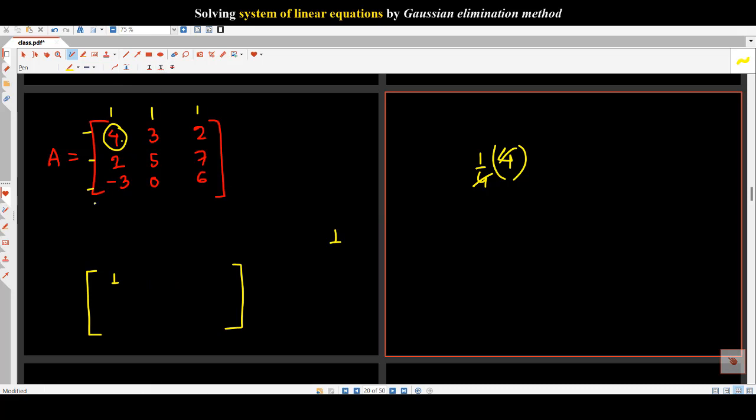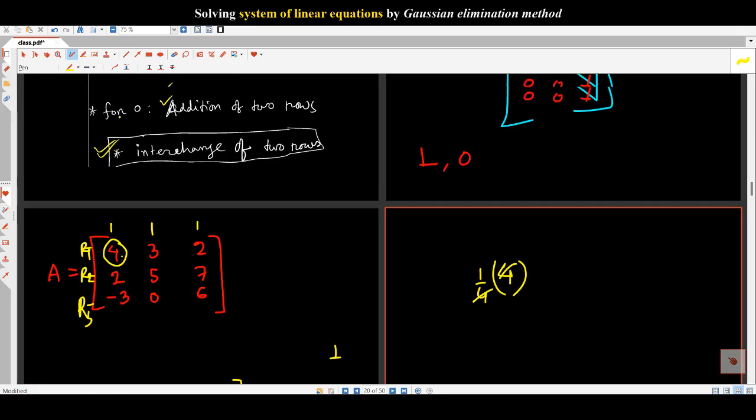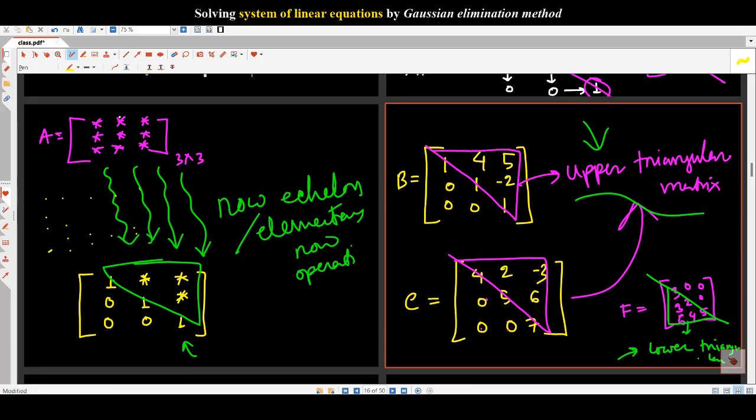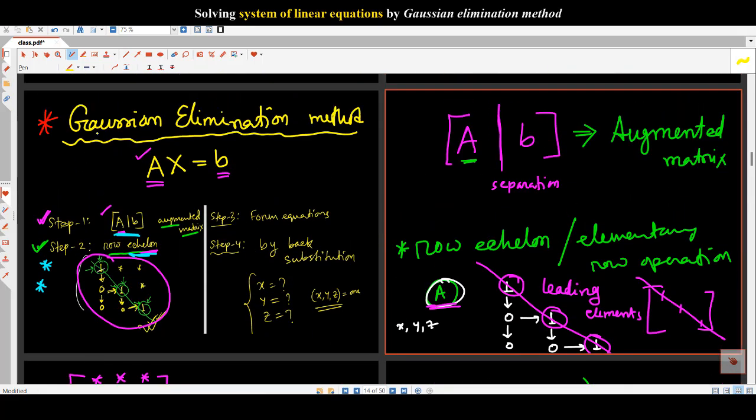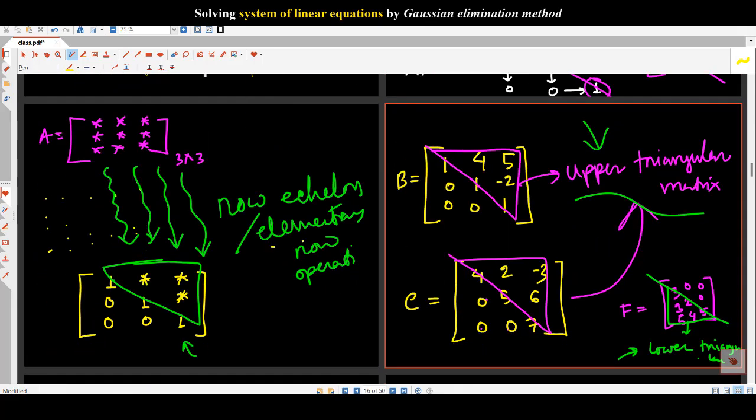So that means in row 1, this is our R1, R2, R3. I have mentioned that this row echelon technique, Gaussian elimination technique, applies row echelon. Row echelon means elementary row operation.